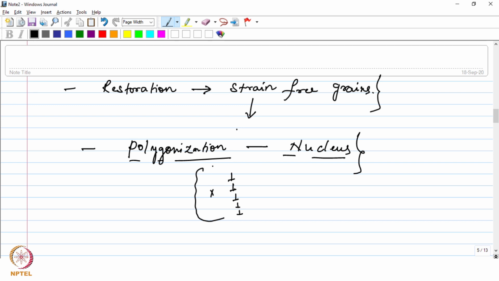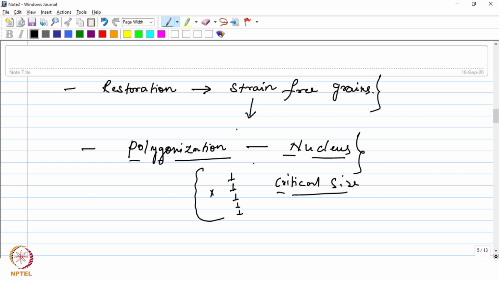So this polygonized region that you have created now, if this attains the critical size, when this becomes bigger than the critical size, then it can act as a nucleus for the strain-free grains.